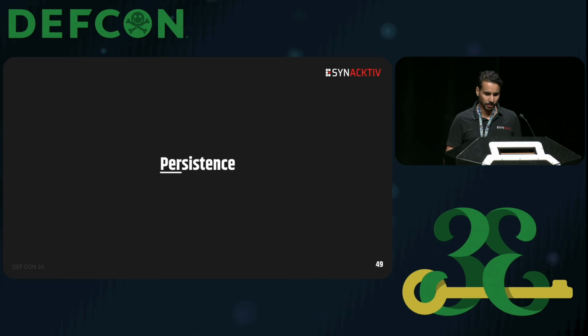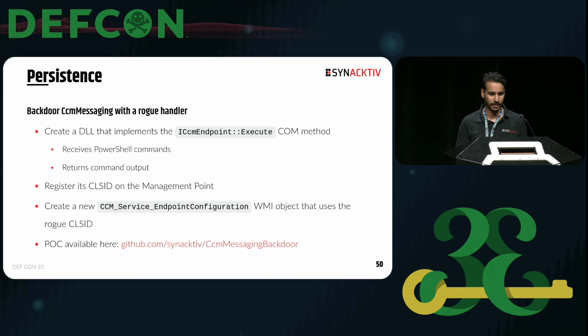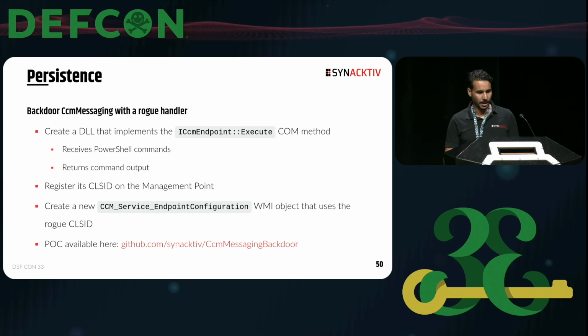All right, so let me conclude this talk with 2 persistence methods. First, it consists in backdooring the SCCM messaging protocol with a rogue service handler. All you have to do is create a DLL that implements the SCCM endpoint interface and the method execute. It's a COM method.